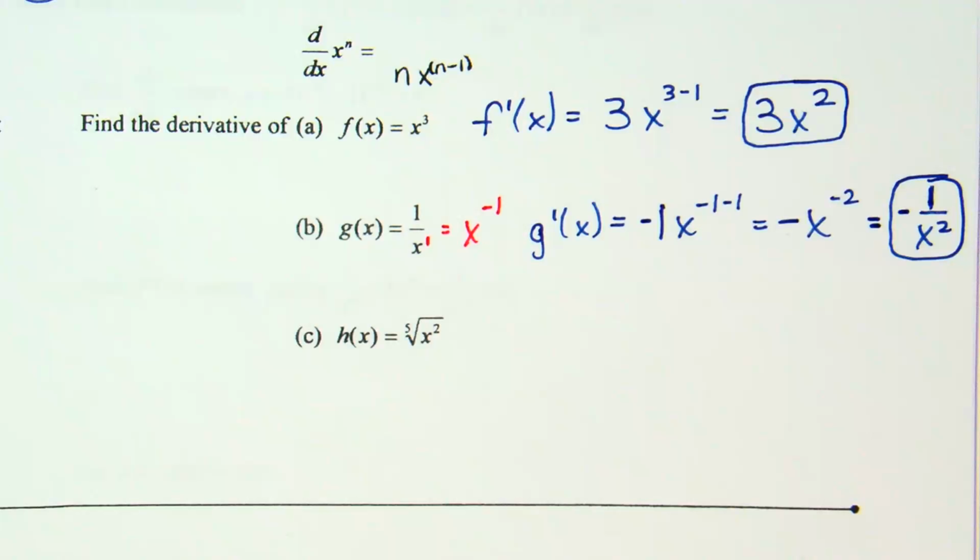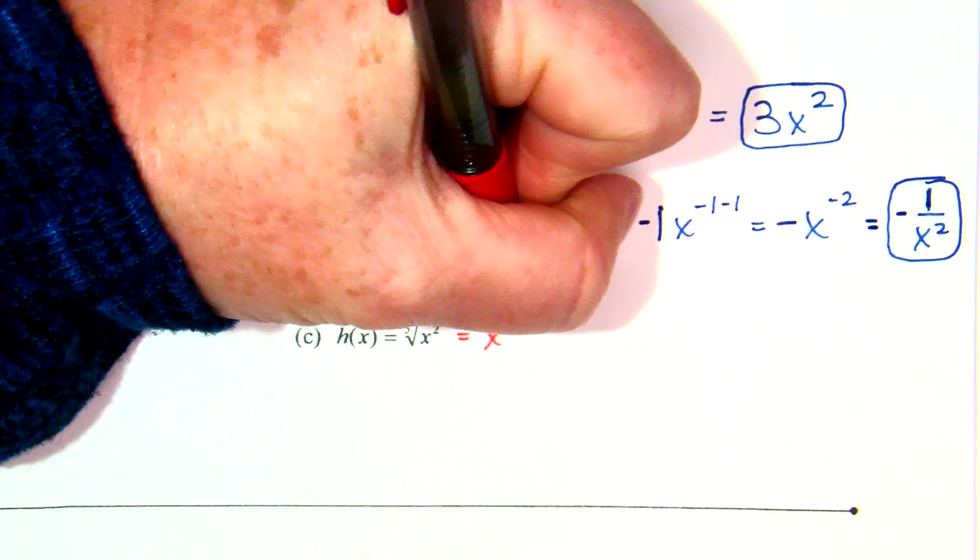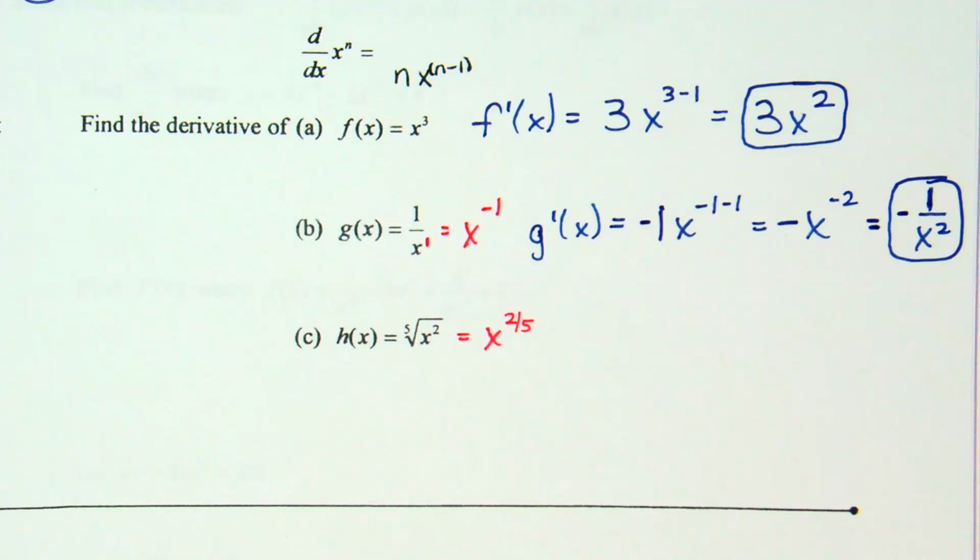Now, again, in order to use our derivative power rule, this has to be a power. The fifth root of x squared is x to the 2/5, does that sound familiar to you? Because your power goes on top, whatever the root is, or the index of the radical, goes in the denominator, so x to the 2/5.